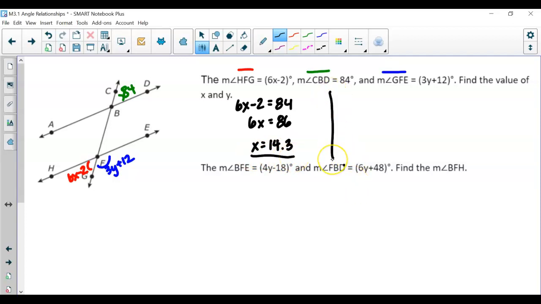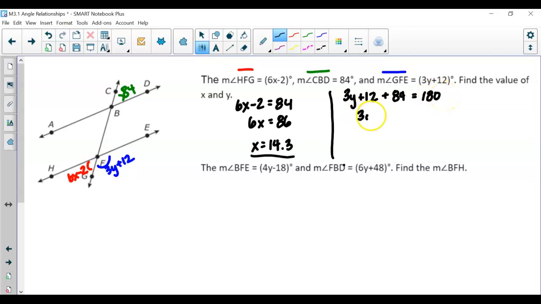Then for y, what's the relationship between y here and 84? They are same side exterior. So are they congruent? No, they are supplementary. So 3y plus 12 plus 84 add together to equal 180 degrees.